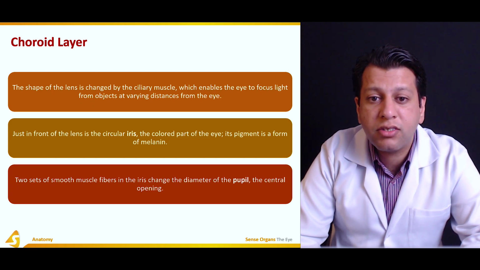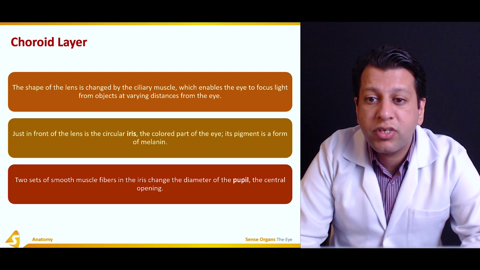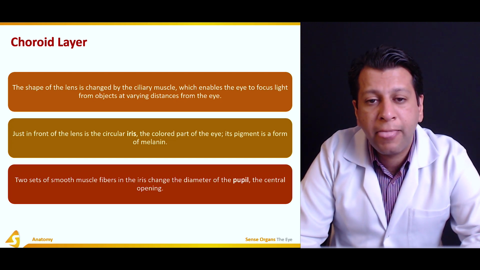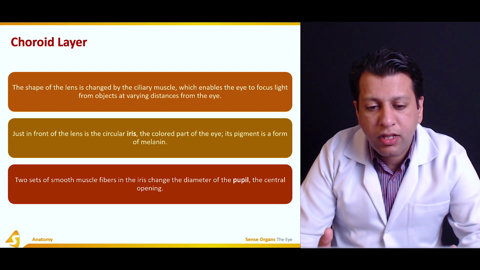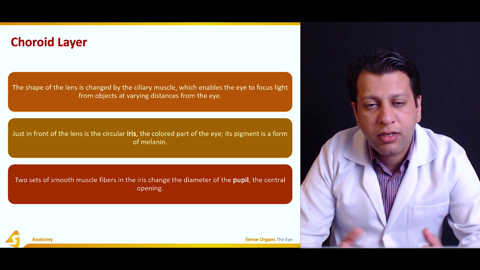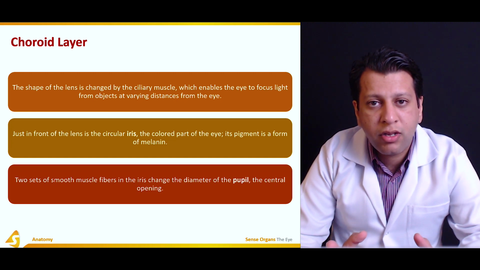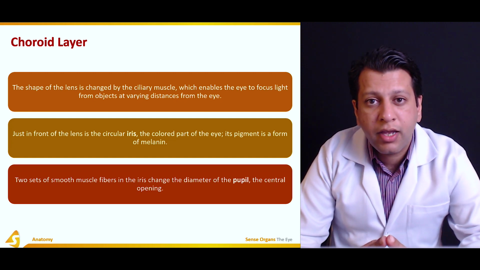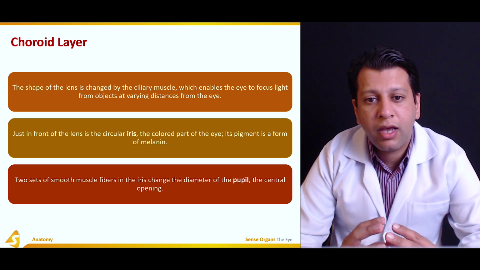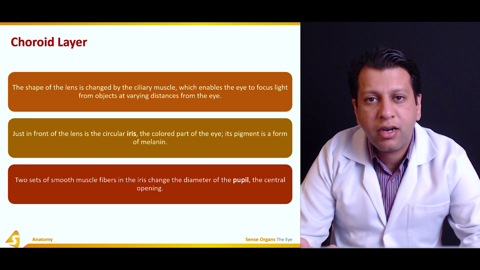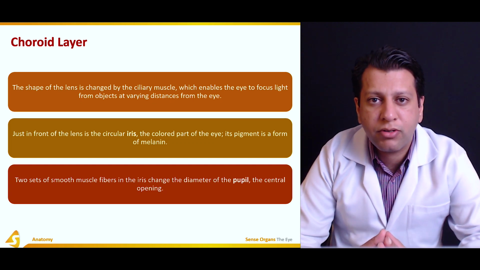The shape of the lens is changed by the ciliary muscle, which enables the eye to focus light from objects at various distances. For example, if the object is far away, then light rays are usually converging. Sometimes they have to be deflected out so that the image will be formed on the retina.